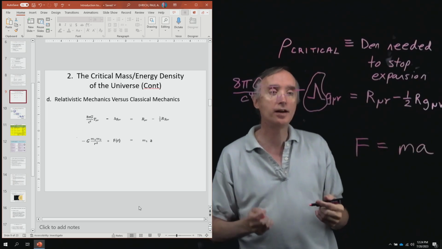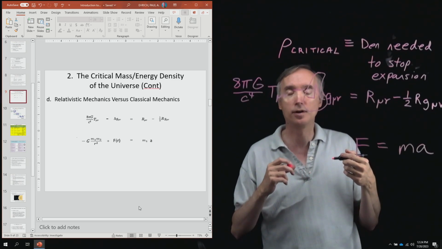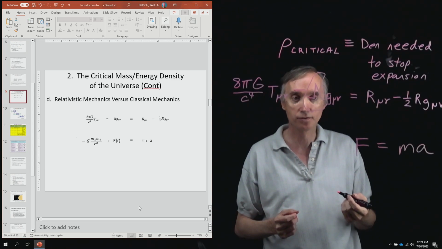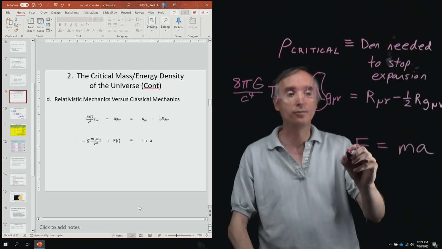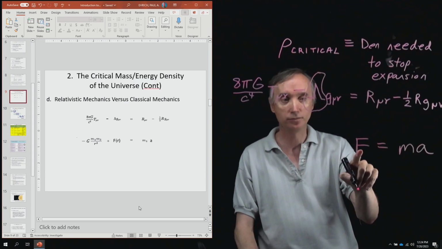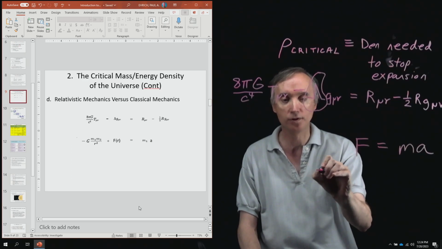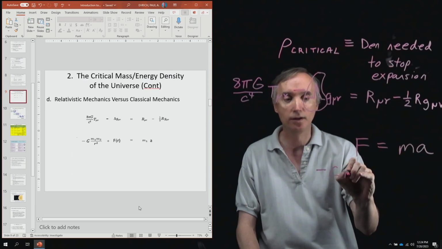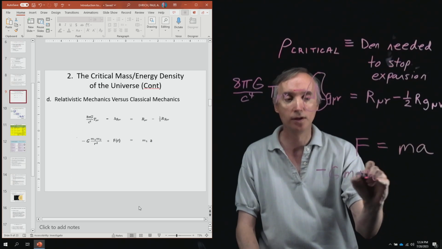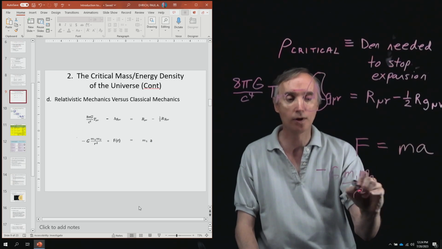Then we found in our lesson on fundamental particles that the force of gravity could take the place of this F. The force of gravity was minus big G m1 m2 divided by r squared.